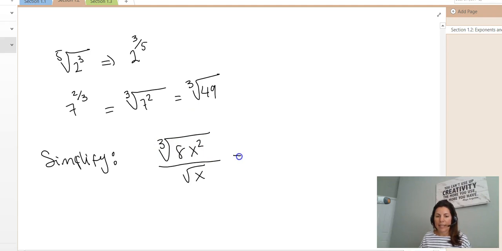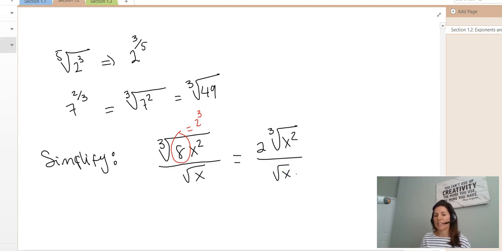Well, 8 is a perfect cube, so I can take that out of the cube root. So I will start with taking anything out of the radicals if I can. So the cube root of 8 is 2, right? Because 8 is equal to 2 cubed. So this will be 2 times the cube root of x squared over the square root of x.